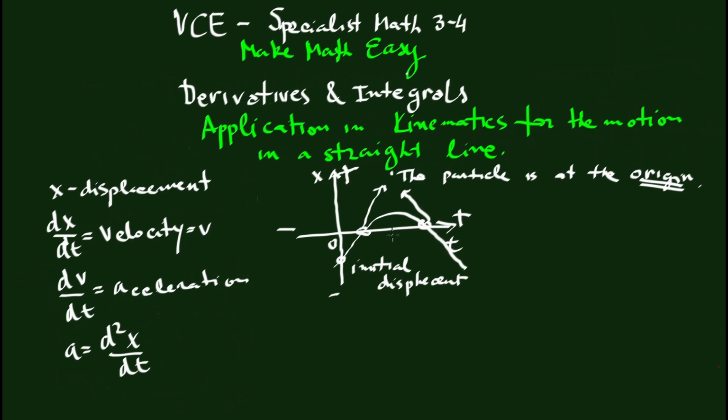And now let's add interpretation for velocity. So here, if you put, for example, a tangent at this point, we see that velocity is greater than 0, and displacement is less than 0, which means that the particle is to the left of the origin, and it's moving to the right, to the right hand side.